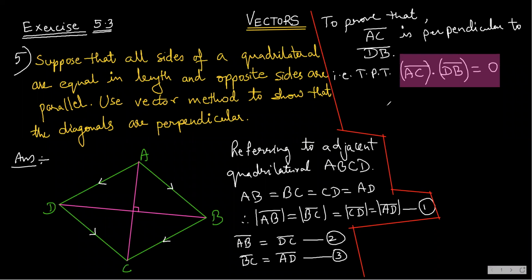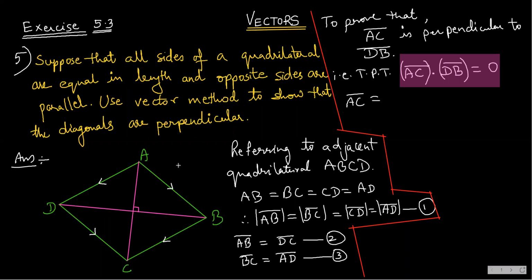So first of all, I will find AC bar. I write here AC bar is equal to, now see, in triangle ABC, I will apply the triangle law of vector addition.